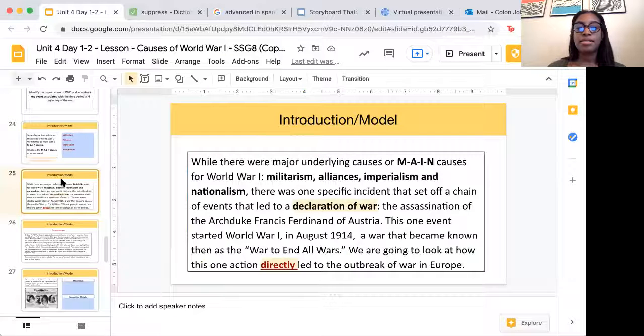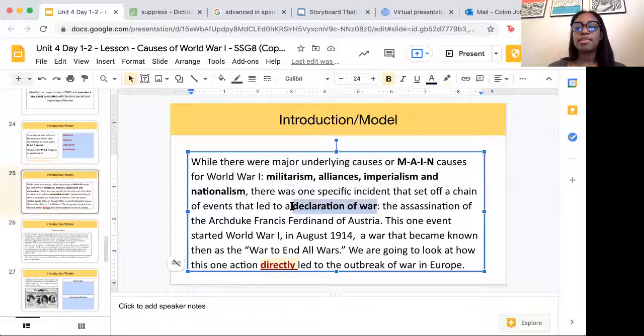Next part of this is that we have this segment here. So we know that the major underlying causes are militarism, alliances, imperialism, and nationalism. And there was one specific incident that set off a chain of events that led to a declaration of war. What is a declaration of war?